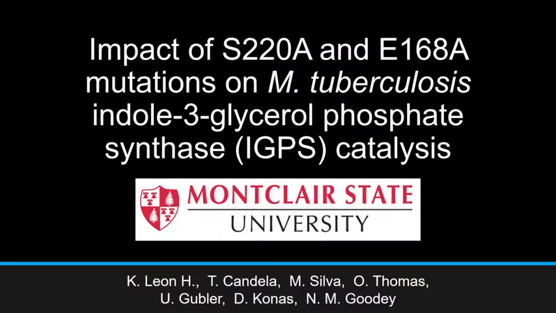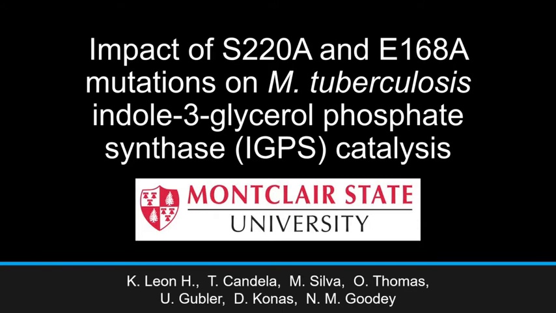Impact of S220A and E168A mutations on Mycobacterium tuberculosis Indole-3-Glycerol Phosphate Synthase, IGPS catalysis. This enzyme IGPS is required for the survival of Mycobacterium tuberculosis. Our goal is to investigate the substrate binding and the catalytic mechanism of IGPS to facilitate the discovery of inhibitors.